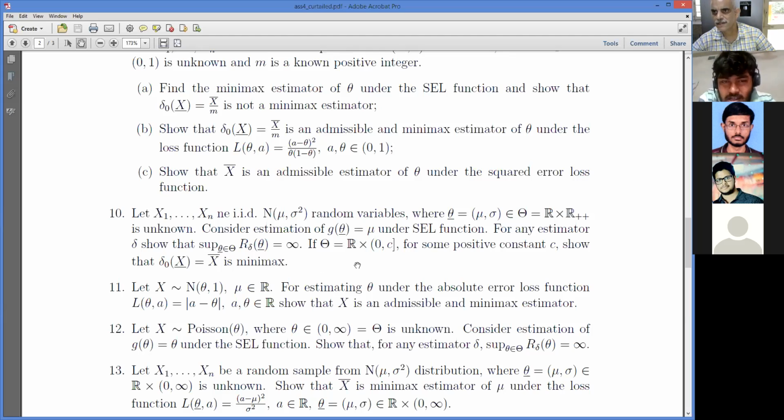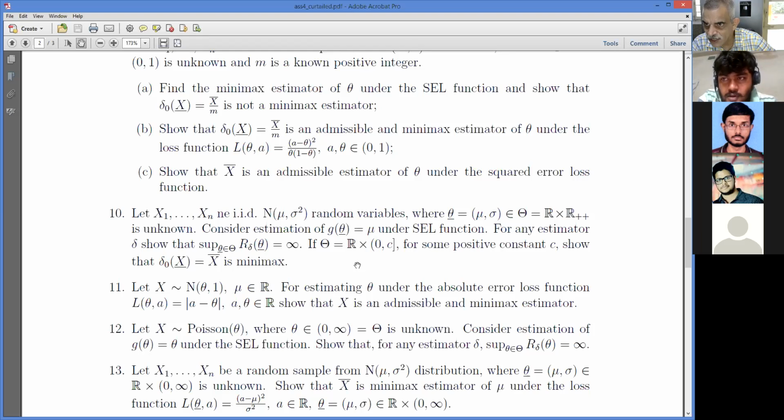Sir, basically it means here mu and sigma both are unknown. So when I am considering the prior distribution, do I have to consider a prior for both mu and sigma? No, so one way is first you fix sigma square.